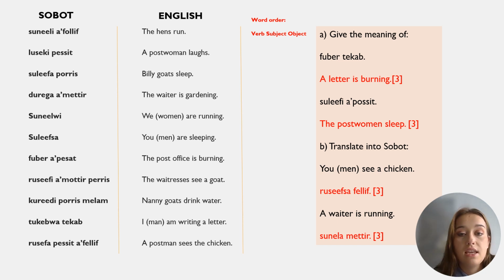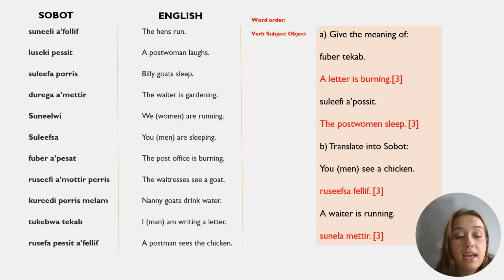And then the subject actually is a subject ending. You can identify these by looking at the pattern. For example, "a postman sees the chicken." The ending is rusif a, so an a ending.